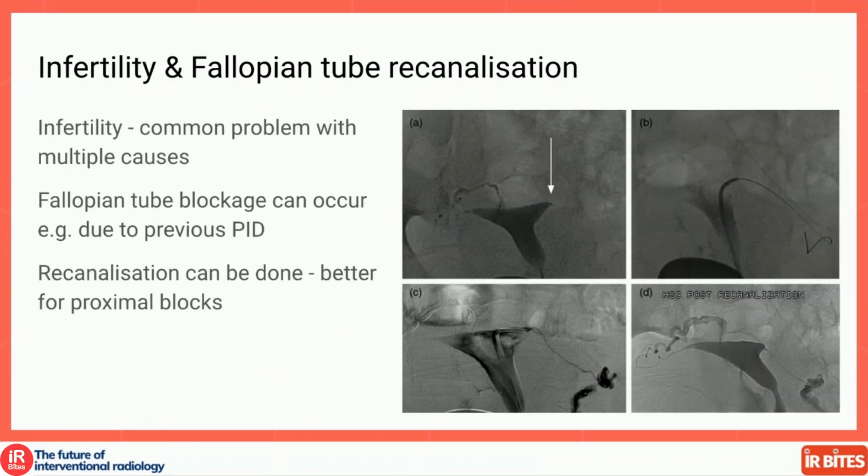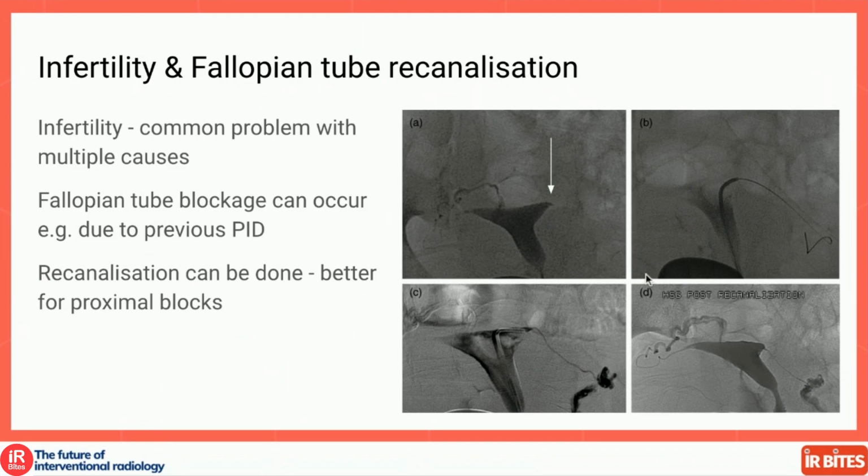And then the other thing is fallopian tube recanalization. So infertility is a multifactorial problem, and in cases where there's a fallopian tube blockage, most commonly because of previous pelvic inflammatory disease, often it's a physical closure of the fallopian tube that's causing the infertility. So one thing you can do is recanalize the fallopian tube.